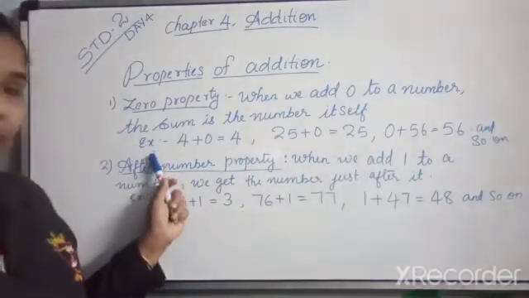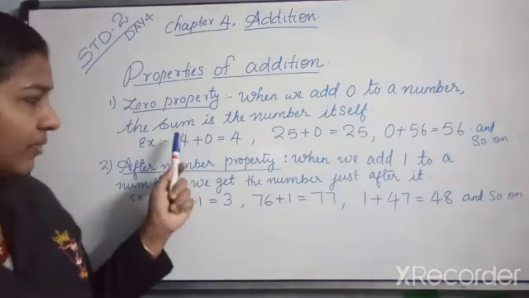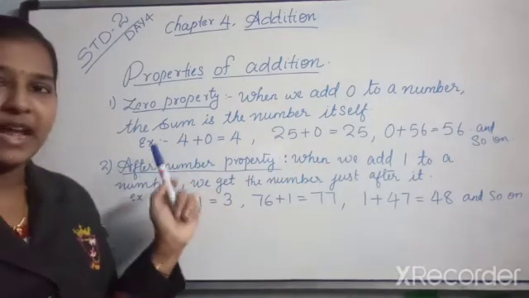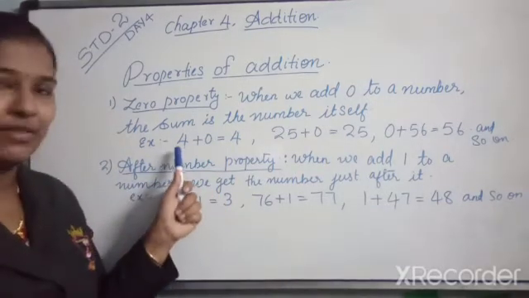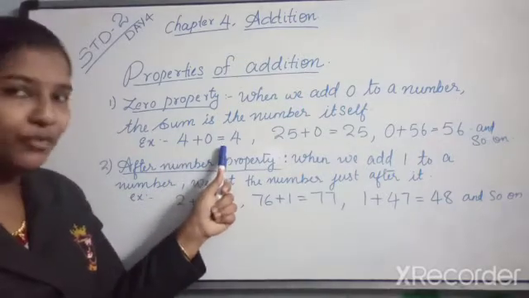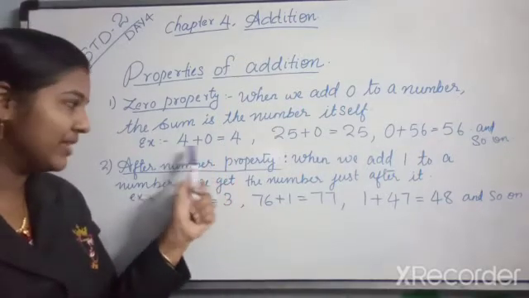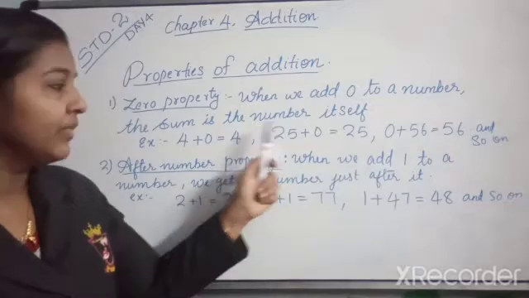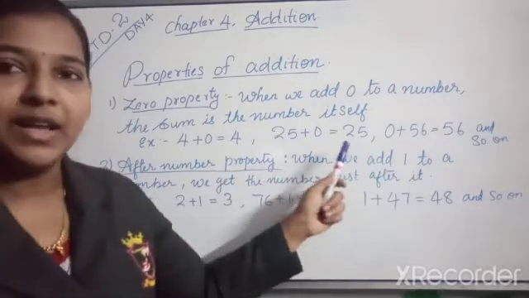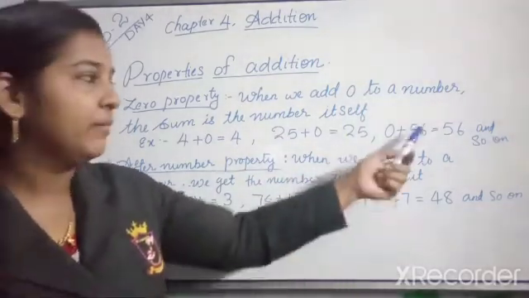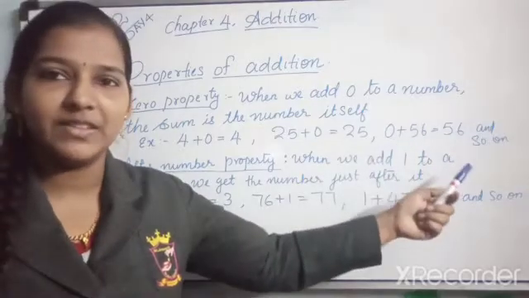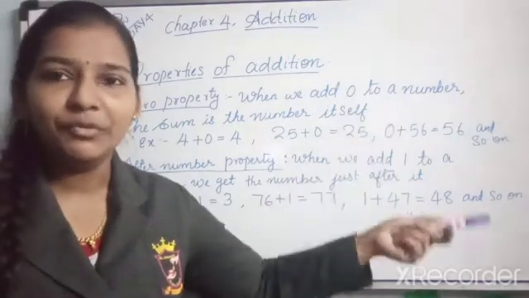Look, some examples are given here. 4 plus 0. If we are adding 0 with 4, then we will get the answer 4 itself. The number itself will be the answer. Then 25 plus 0. Answer will be 25. Then 0 plus 56. Answer will be 56.